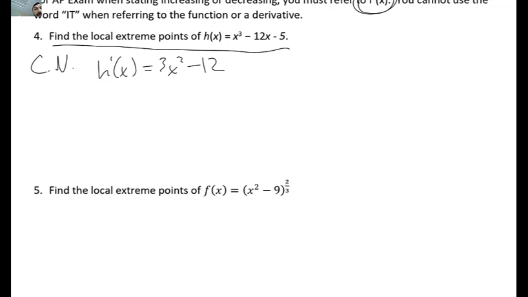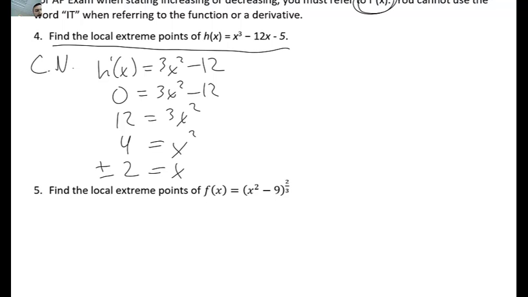You should see that this is never undefined, but it is 0 when x is plus or minus 2. Don't forget when you take the square root of both sides, you got to do plus or minus. So this one had 2 critical numbers, 2 and -2. So 2 places that might be a max or might be a min.